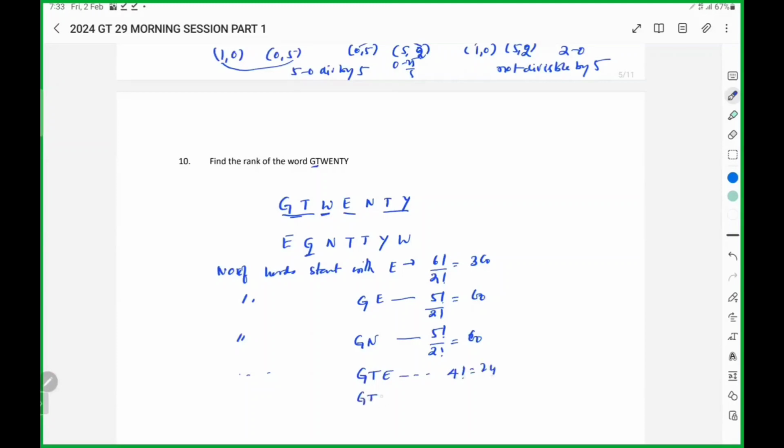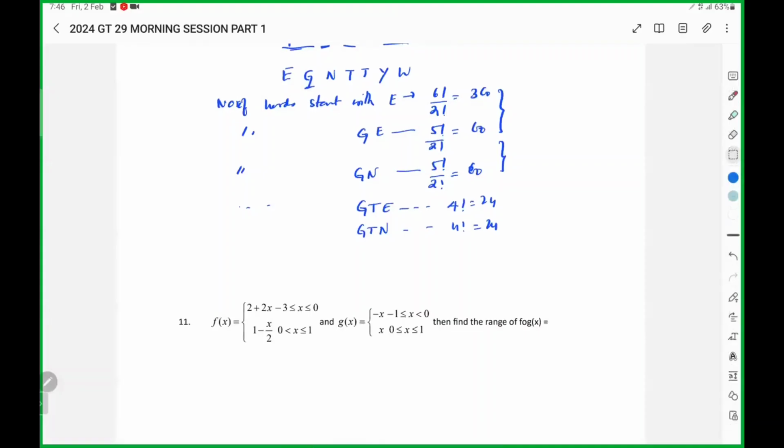After E, N. So after this GTN, GTT another 4 factorial.